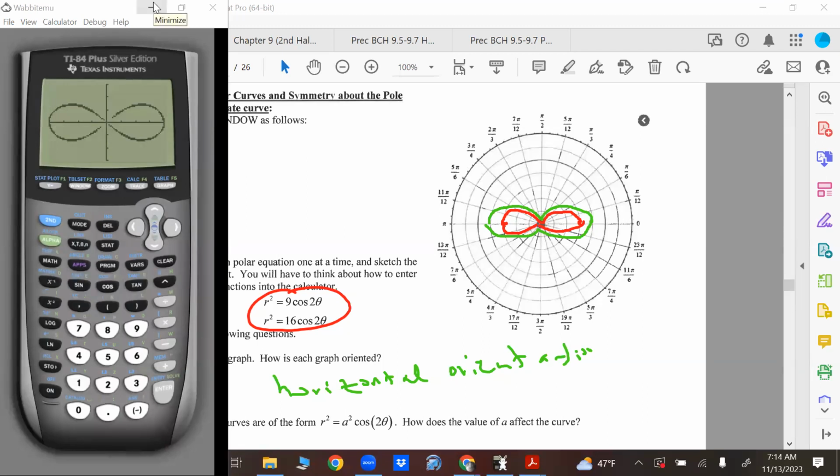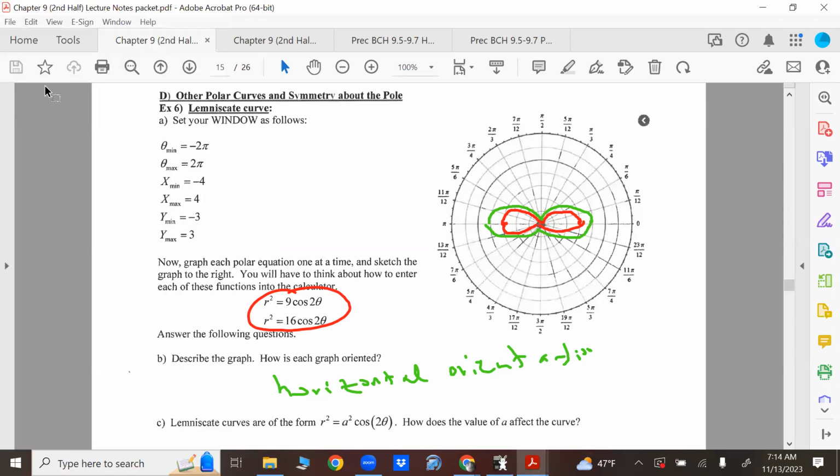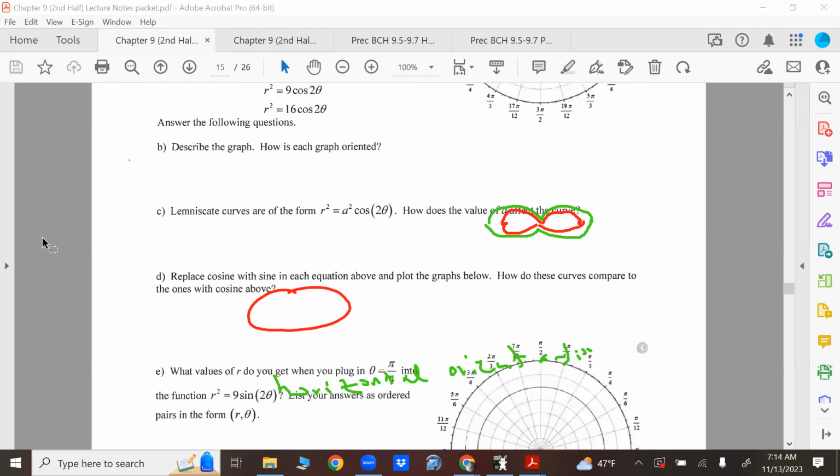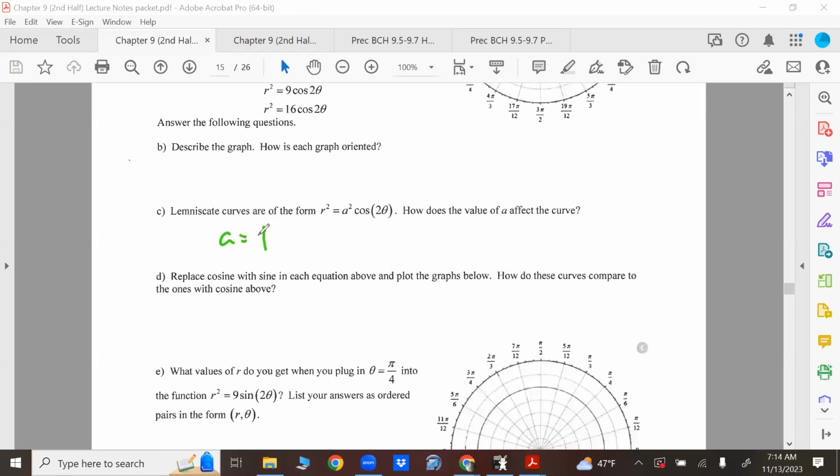So A gives the length of the loop, and it's from the center to the farthest point. So A gives the length of the loop.